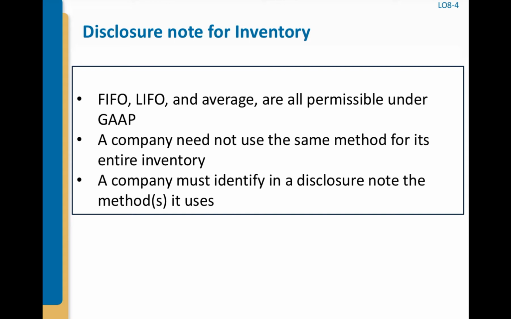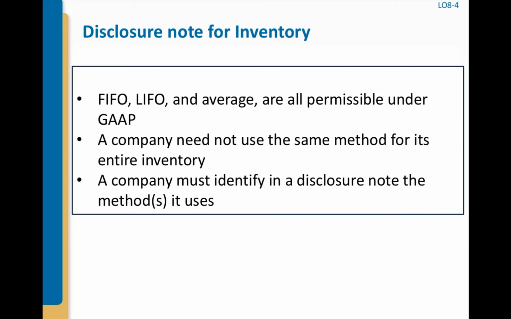So you may have one method in the U.S. and inventory abroad measured a different way, or you may just have different classifications of inventory, if you're a big company with different types of businesses or inventory, and it makes sense for whatever reason to track your inventory differently.